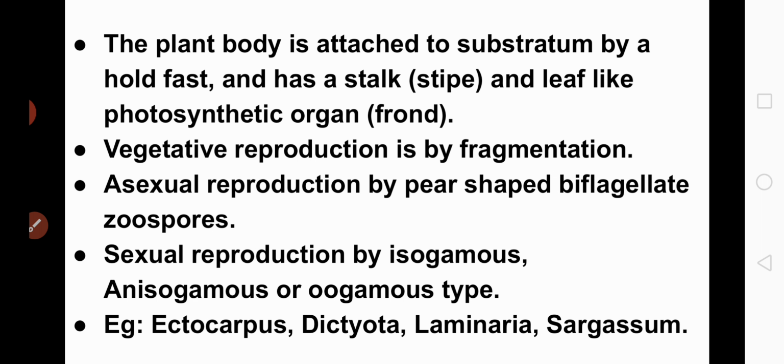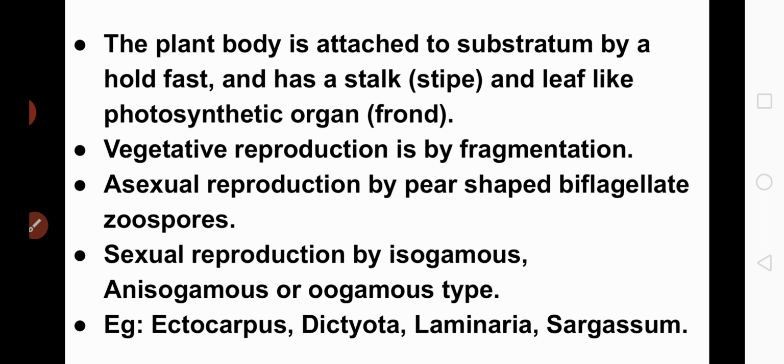And reproduction is by three methods: vegetative, asexual and sexual. Vegetative reproduction takes place by fragmentation, asexual reproduction by the formation of zoospores, and sexual reproduction by the fusion of male and female gametes.